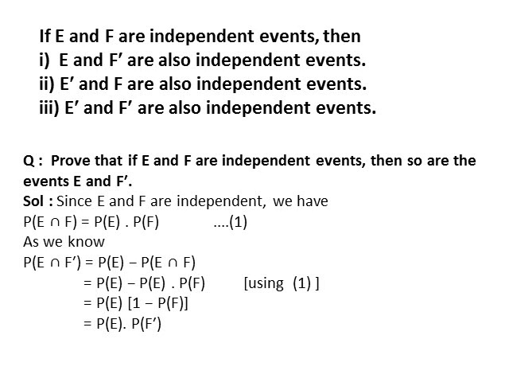So, we get probability of E intersection F complement equals probability of E multiplied by probability of F complement. So, we have proved that if E and F are independent events, then E and F complement are also independent. Students, similarly you can prove the remaining two parts yourself.